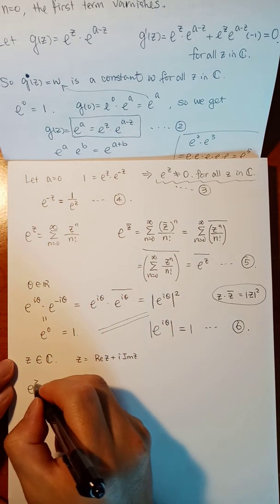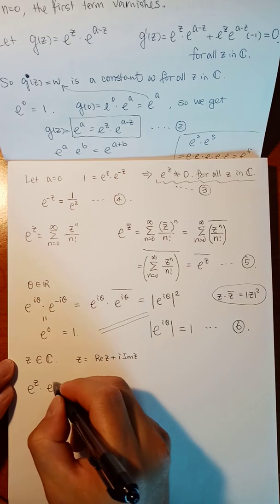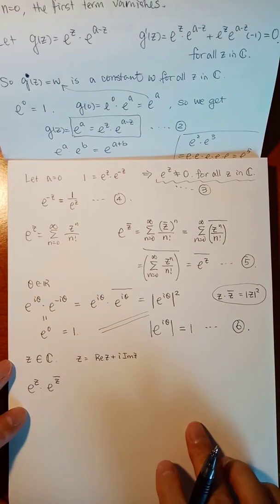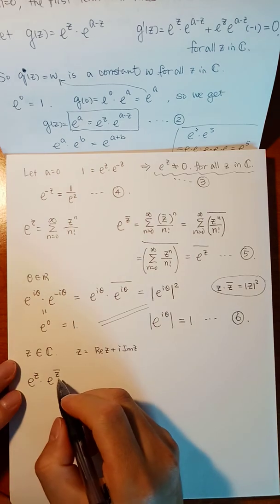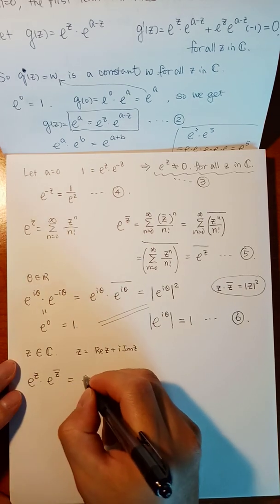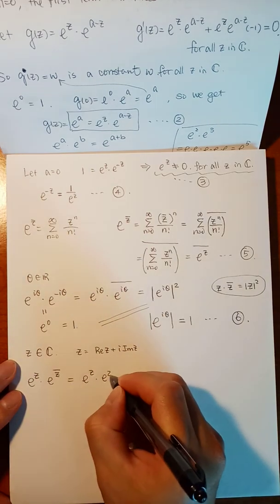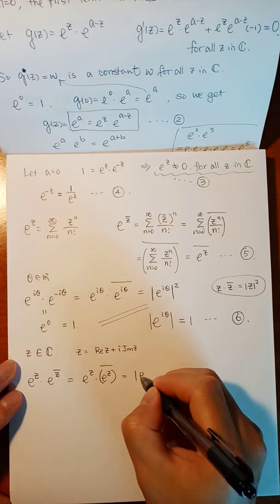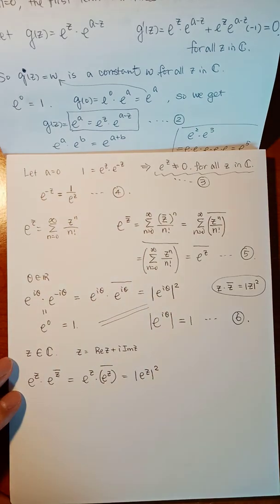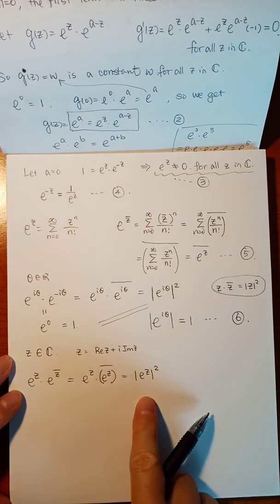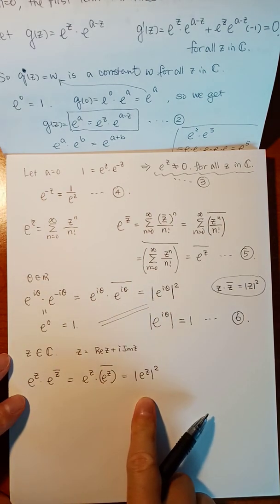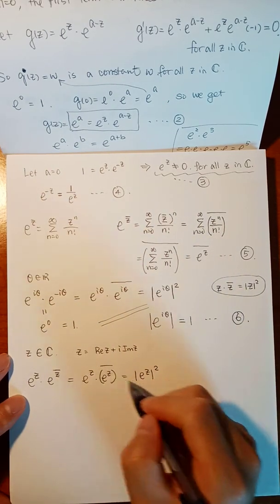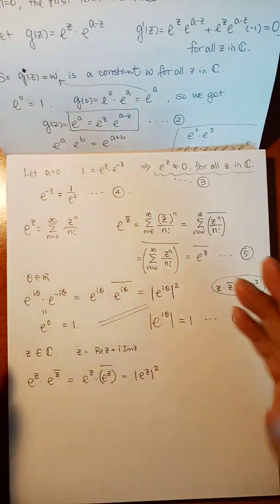Then we have e to z bar. E to z bar is equal to e to z, whole thing bar. So this is the absolute value of e to z squared. Whatever complex number you multiply by its conjugate, you get the modulus squared.